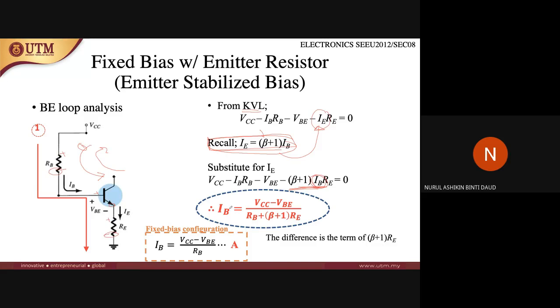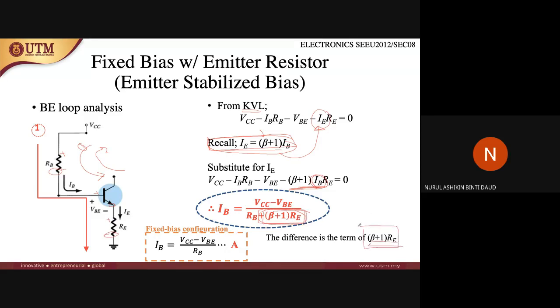So what's the difference from the fixed bias configuration equation of IB? You can see that for the emitter stabilized bias circuit, there is an addition of this part, beta plus 1 RE.